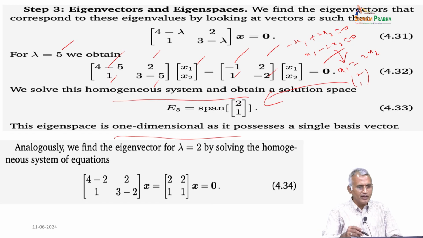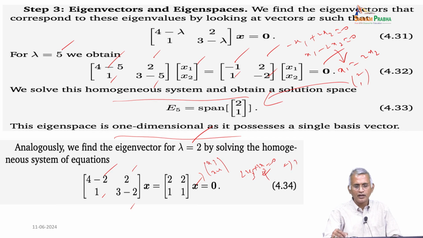Similarly, we find the eigenvector for lambda equal to 2 by solving the homogeneous system of equations. We have [4 minus 2, 2; 1, 3 minus 2] into x, which gives 2x1 plus 2x2, and x1 plus x2, equal to 0.